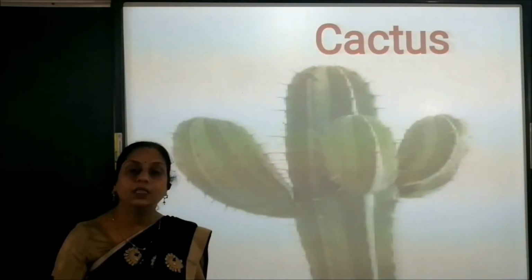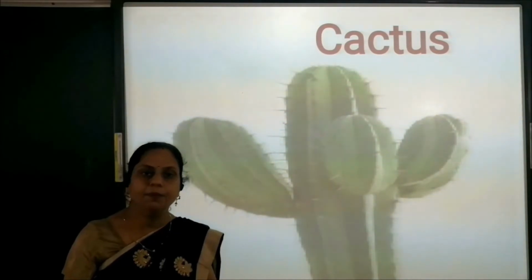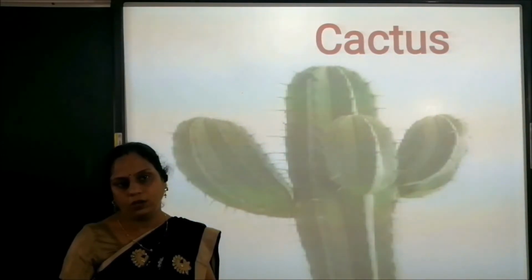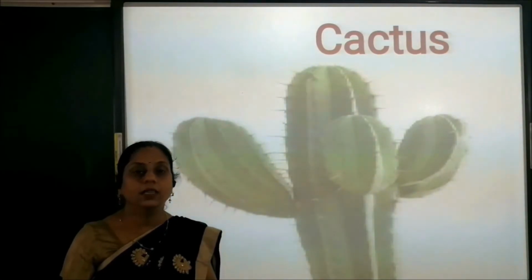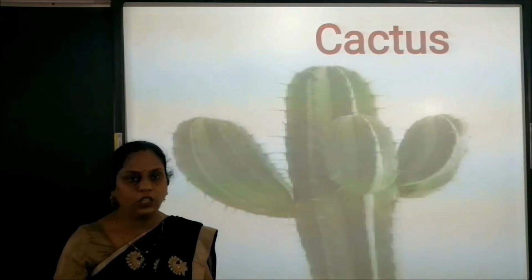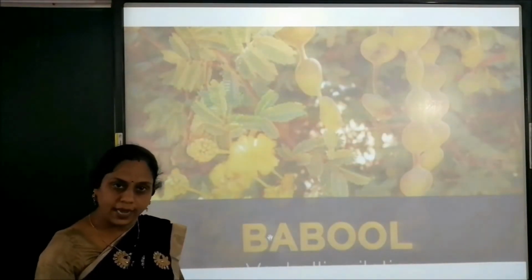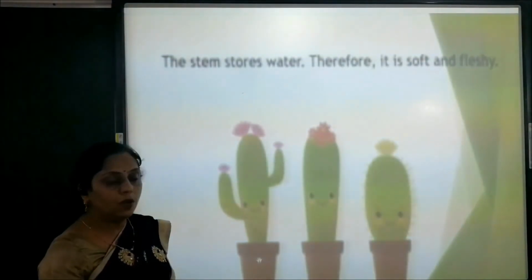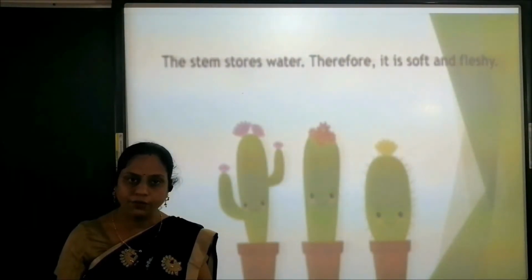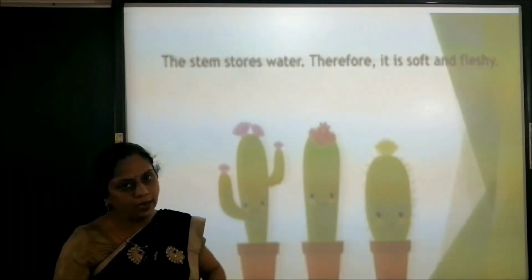Stem makes food for the plant, and saves water also. That's why the stem is very thick and fleshy. Baboon grows in the desert area. So, as the stem stores the water and food, it is soft and fleshy.